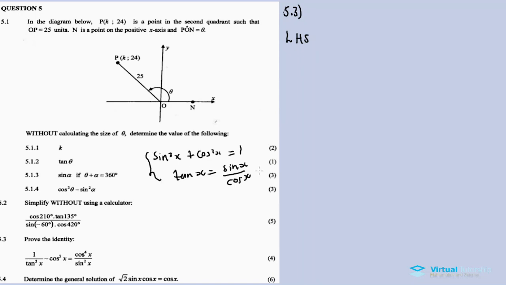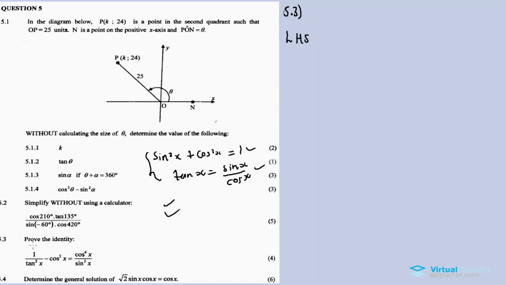Those are from grade 11, and then in grade 12 we have double angles and compound angles, but even these ones we still use. So whenever you see tan, just know that you must simplify again, right? You need to simplify all your identities when you prove an identity.